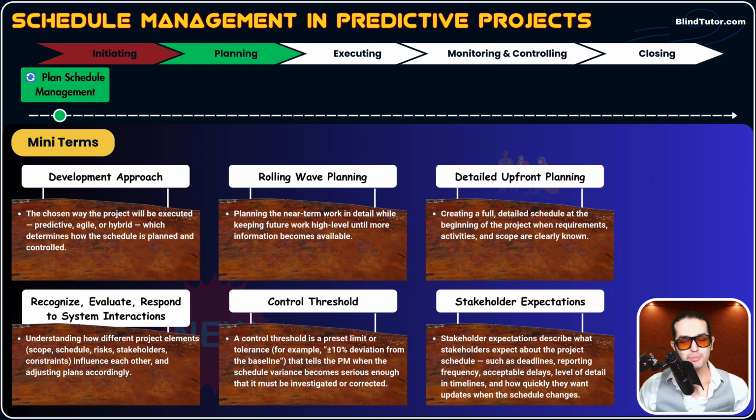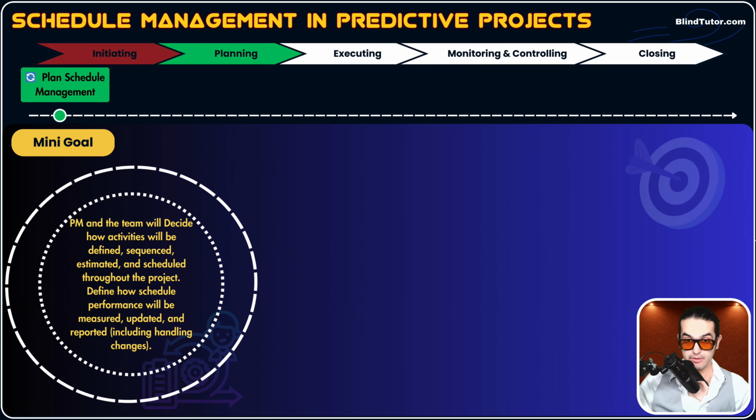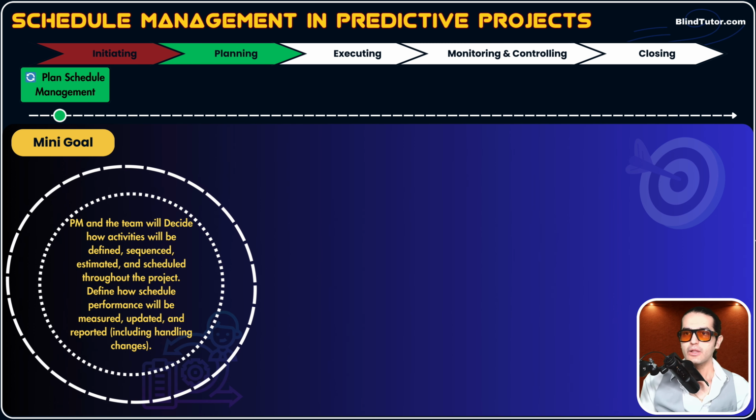Now let's get into mini goals of this process. All right, mini goal of plan schedule management. What's our purpose by doing this process, guys? PM and the team will decide how activities will be defined, sequenced, estimated, and scheduled throughout the project. What's activities, guys? Those small tasks that our project team does are called activities.